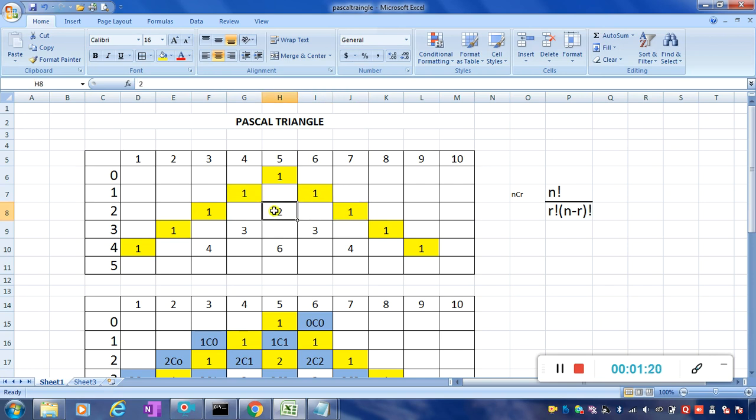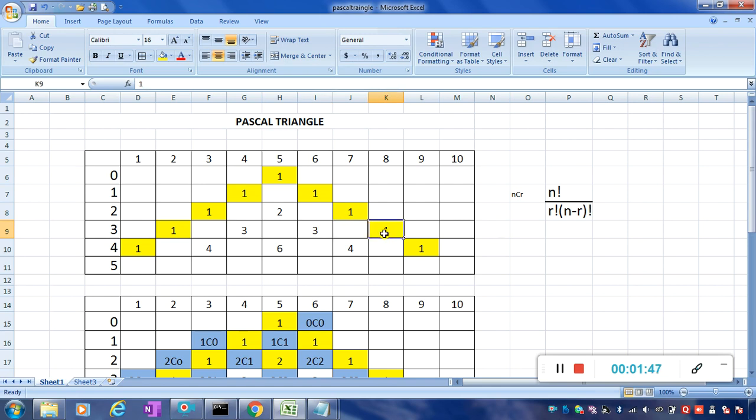Now how am I getting this number? If you see in this triangle, if I add the two upper row numbers, I get the number in the next row. That is 1 plus 1, I get 2. Similarly in the third row, 2 plus 1 I get 3, again 2 plus 1 I get 3, and 1 is there.